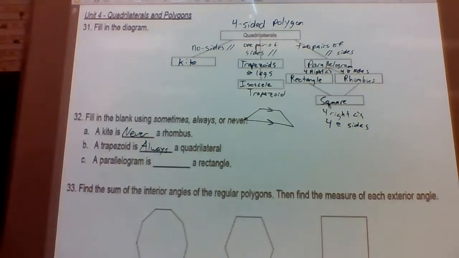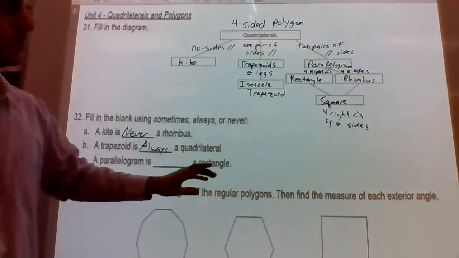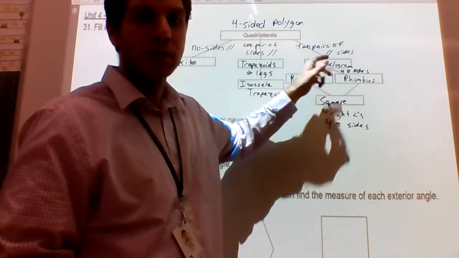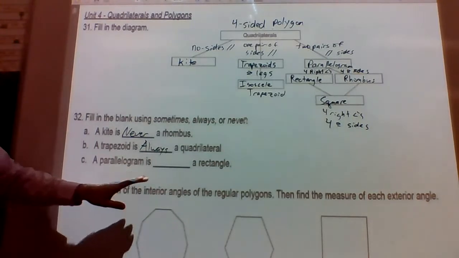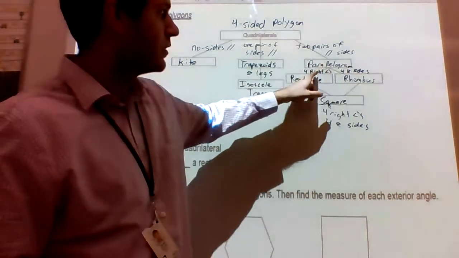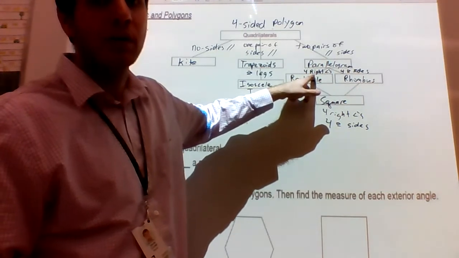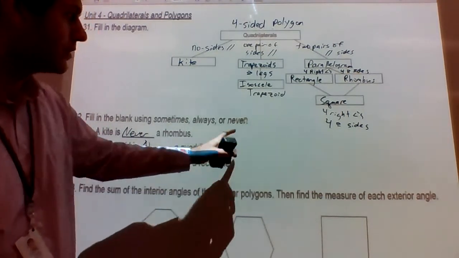A parallelogram is a rectangle. Well, we know all rectangles are parallelograms because all rectangles have 2 pairs of parallel sides. The only way a parallelogram is going to be a rectangle, though, is if that parallelogram has 4 right angles. If it does not have 4 right angles, it is not a rectangle.